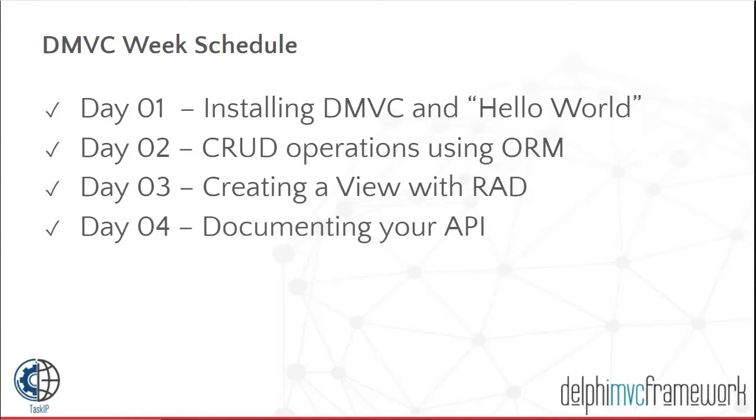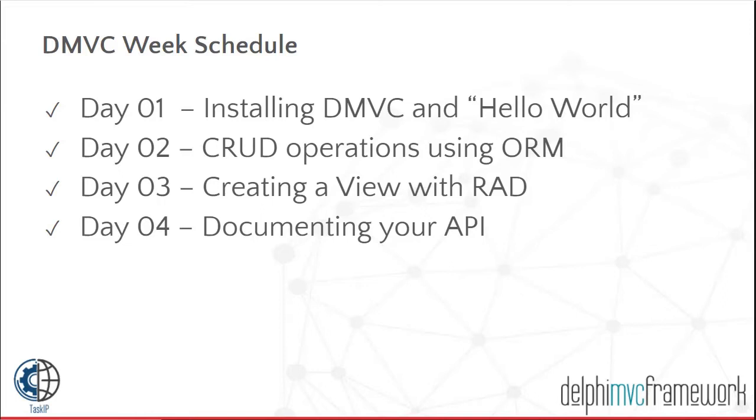On the fourth day, yesterday, we learned how to document our API using the Swagger standard. Swagger is a standard that is widely used in the industry, and it's really nice to have and to know.